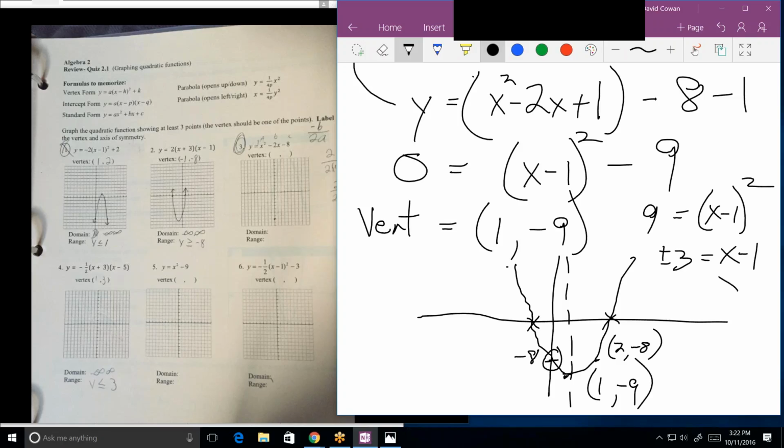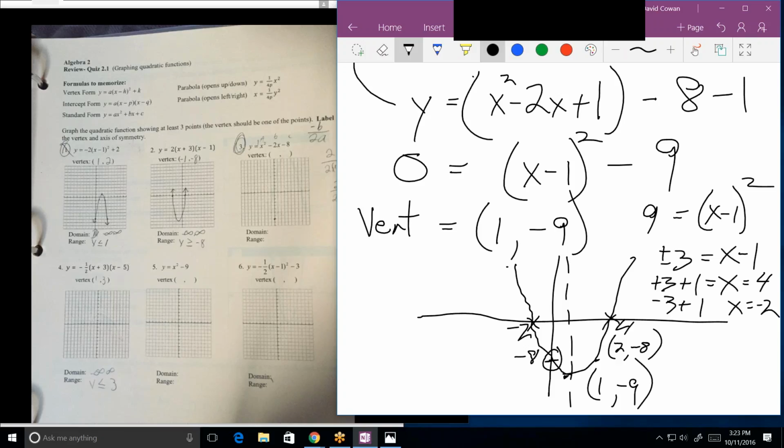Then your x-intercepts are 3 + 1 and -3 + 1, so 4 and -2. This one here is -2, and this one is at 4. So we could have found those 2 additional points if we'd wanted.